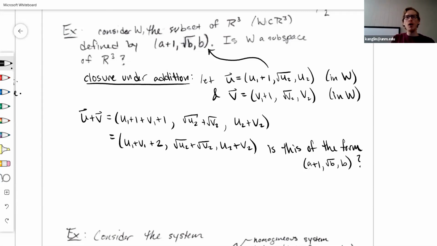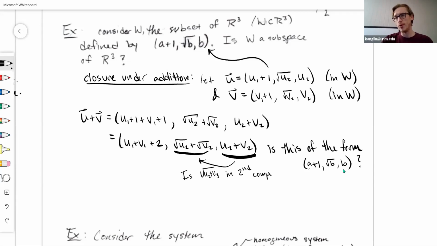Well, if it was, think about what would have to happen. The number sitting in the third component would have to be inside of a square root in the second. So do we have the root of what's sitting in the third component in the second component? That's what would be required to have this form. This form says whatever's in the third component, its root must be in the second. Well, we have u2 plus v2 here.